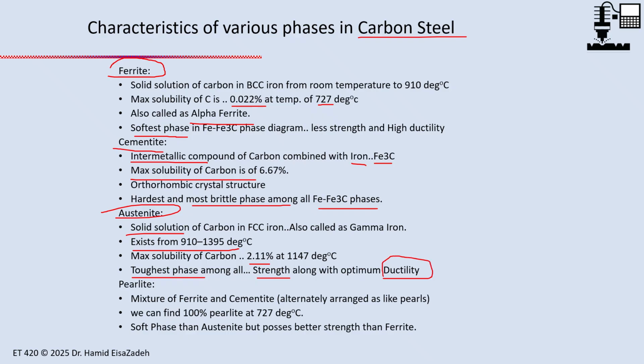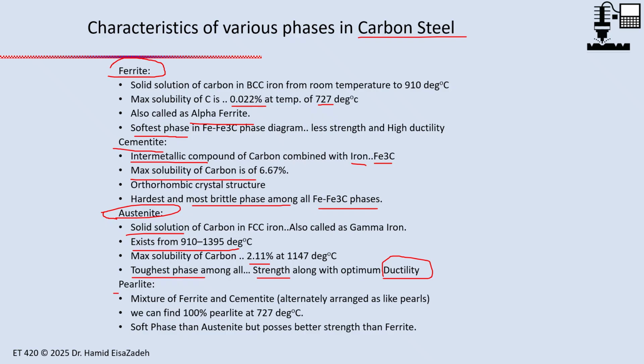But remember, it is possible to have austenite at room temperature. This is a topic for other courses called heat treatment, where we can add alloy to the steel to make austenite stable at room temperature. Those alloying elements are called austenite stabilizers.